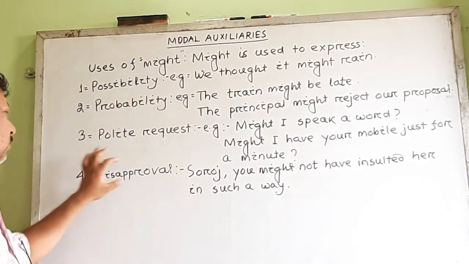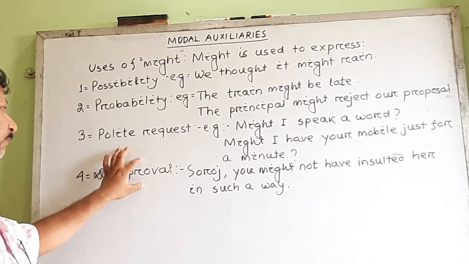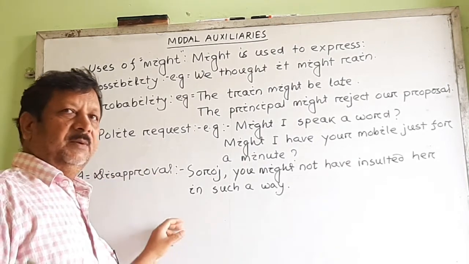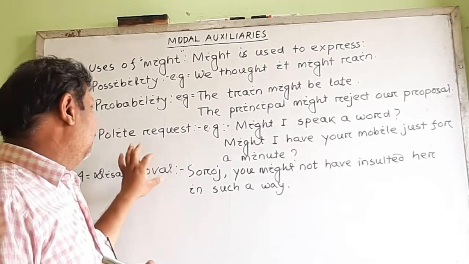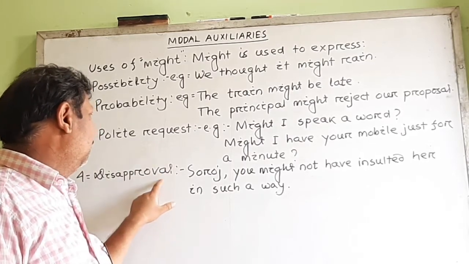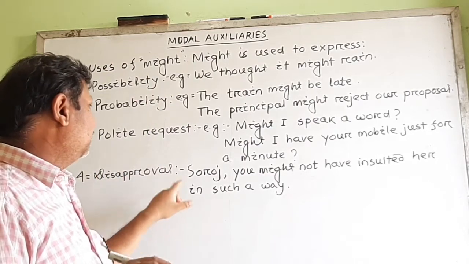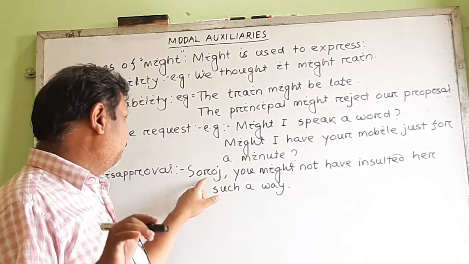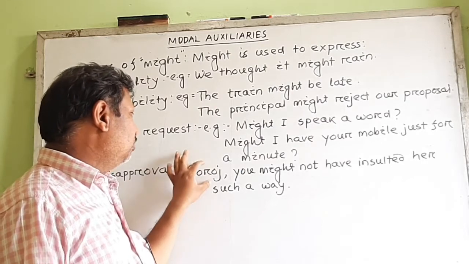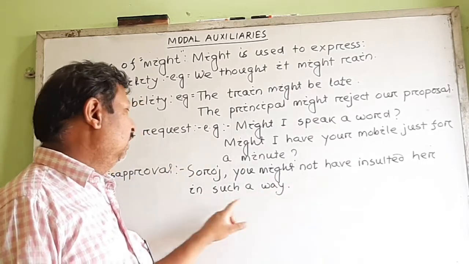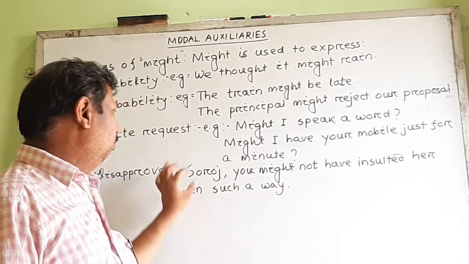The last one is disapproval. We know that the use of other modals also expresses disapproval, but by using the modal might, we can also express disapproval. Here we can say, Saroj, you might not have insulted her in such a way.